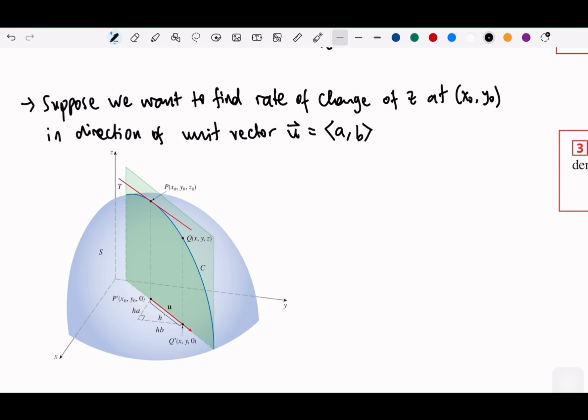And of course, if we imagine this to be similar to what we have in the previous part, so let's say from the picture, you can see that the distance between P' and Q', which is connecting these directions, we can call this hu or ha, hb. h is a scalar factor.